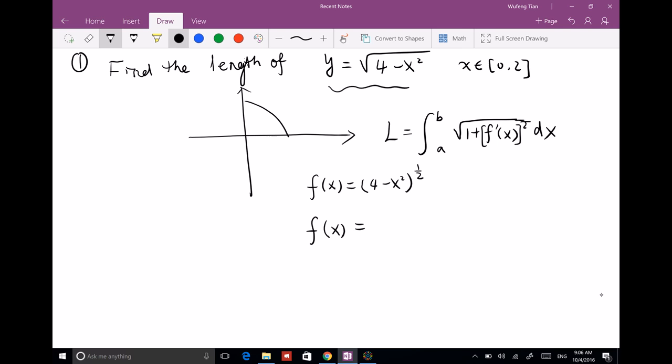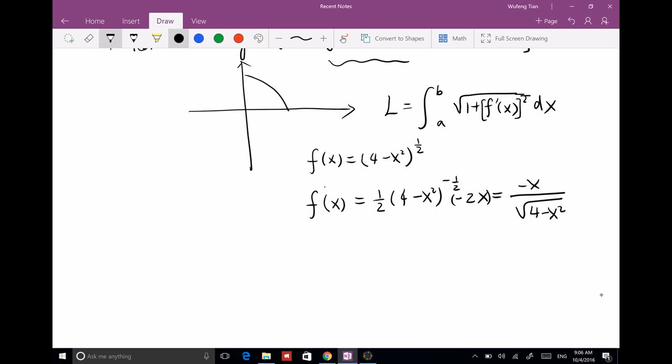We got the derivative is half of 4 minus x squared to the negative 1/2 times negative 2x, which gives negative x over square root of 4 minus x squared. We did this one yesterday.